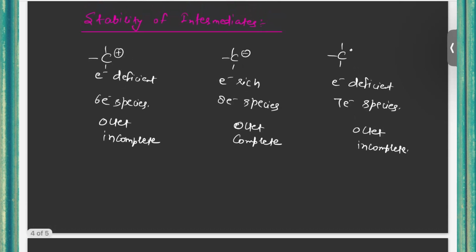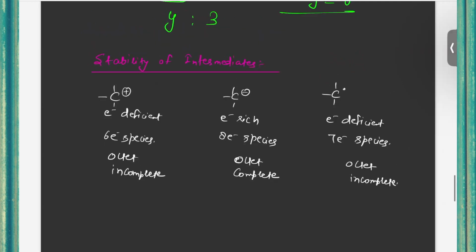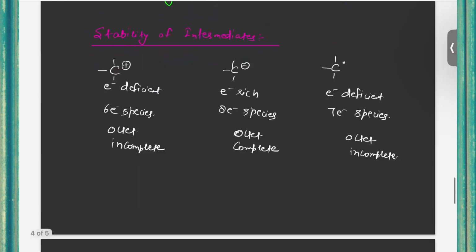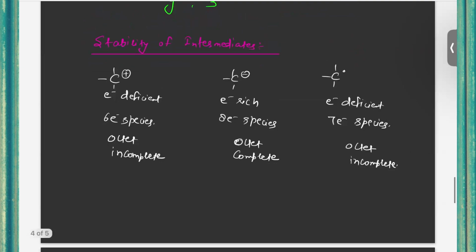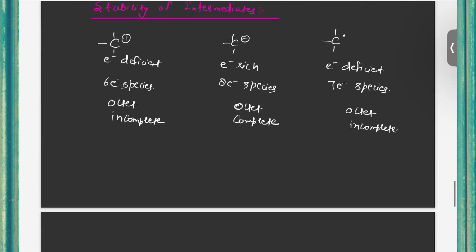In the radical, there is 1 electron, this one, and 2 electrons in this bond, 2 electrons in this bond, 2 electrons in this bond, so total 7 electrons are there. Okay, yes. So now we can see the stability of intermediates.